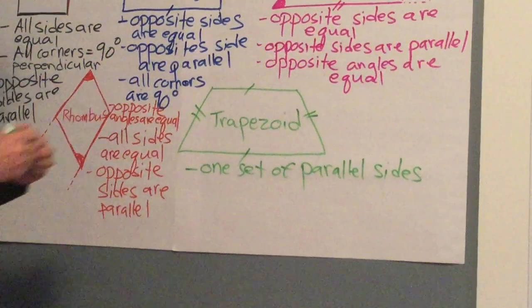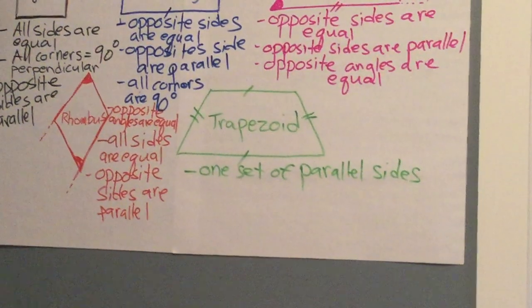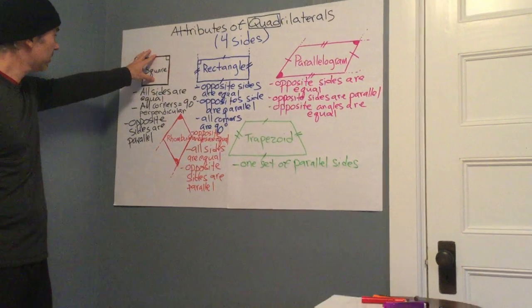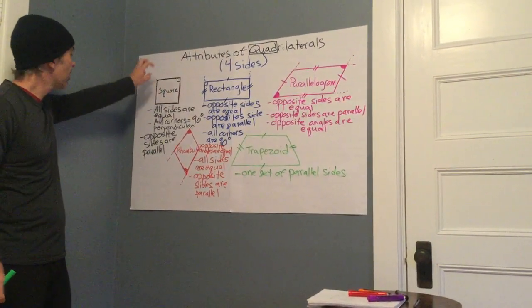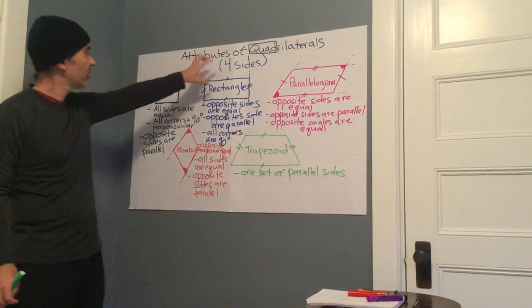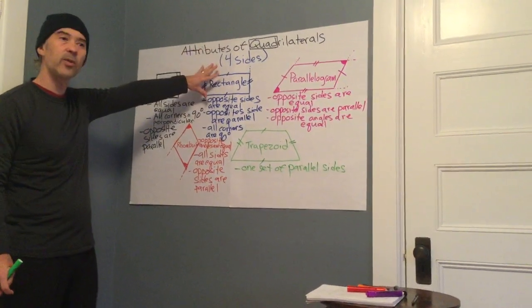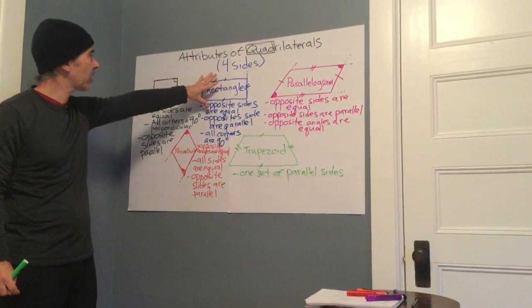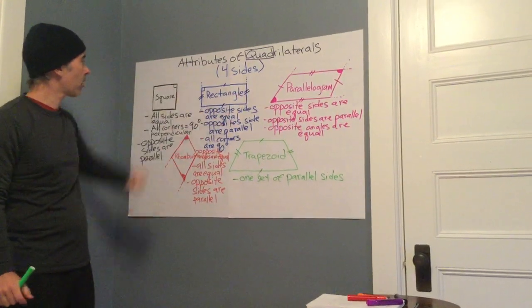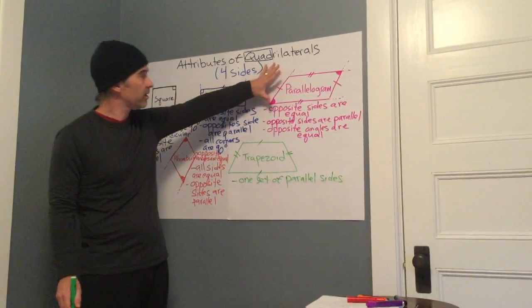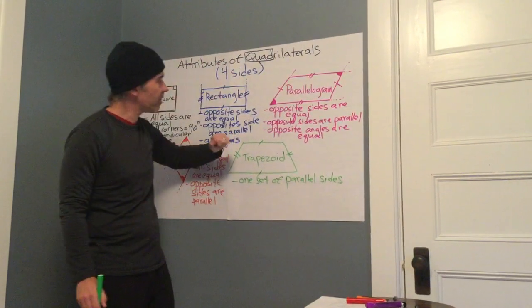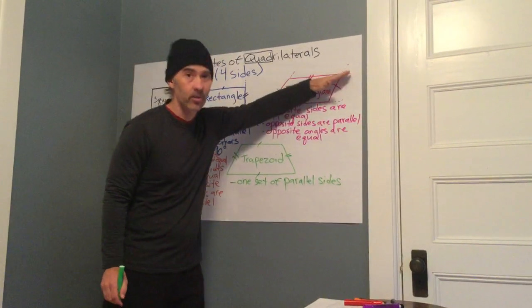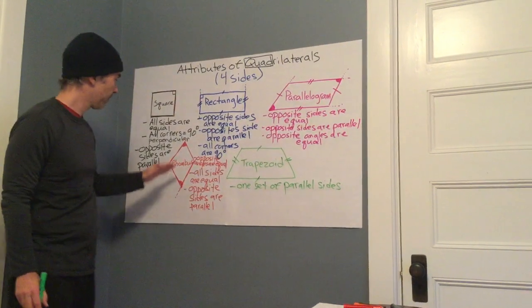They will meet. So, just to recap, square: sides are equal, corners are 90 degrees, they're perpendicular, opposite sides are parallel. Rectangle: opposite sides are equal, opposite sides are parallel, all corners are 90 degrees. Parallelogram: opposite sides are equal, opposite sides are parallel, opposite angles are equal.